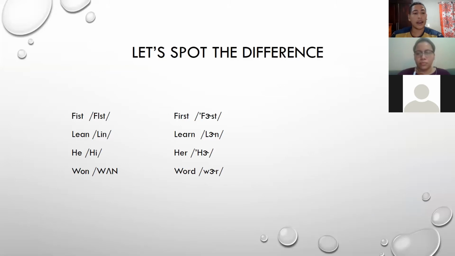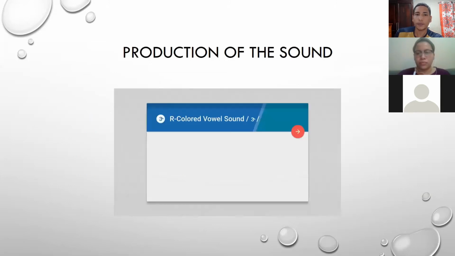So I think it is important for you to know this difference, because words change depending on the sound. For example, if it is a weak sound, like when you say first, the people won't understand, because it is a marked sound. It is strong to say first.